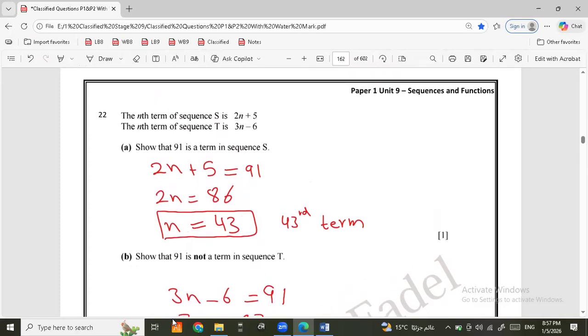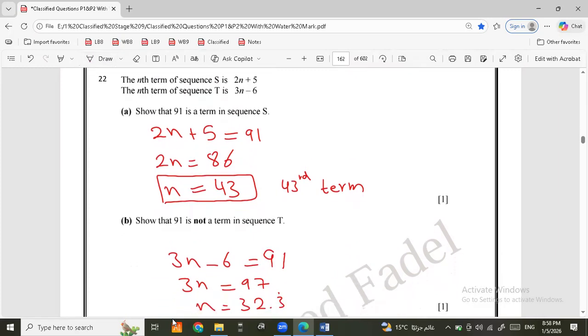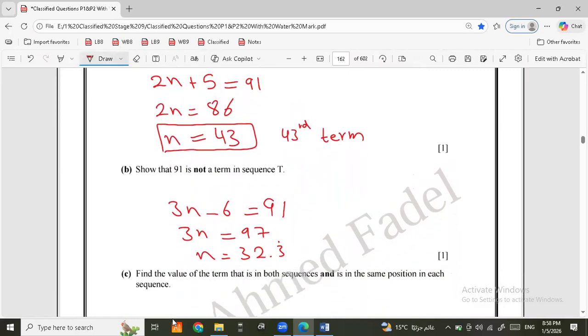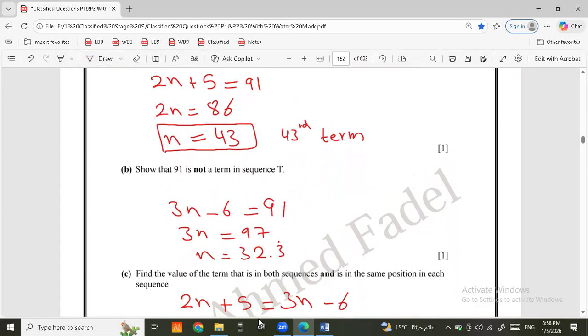That means 2n plus 5 gives you the same value as 3n minus 6. So I'm going to write them down, but they are equal to each other. 2n plus 5 equals 3n minus 6.